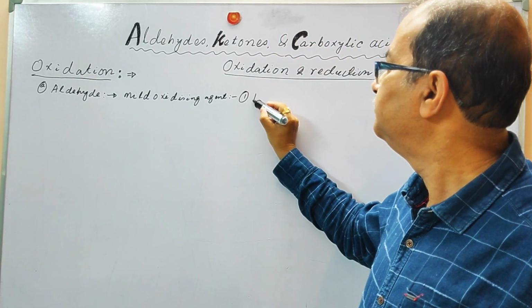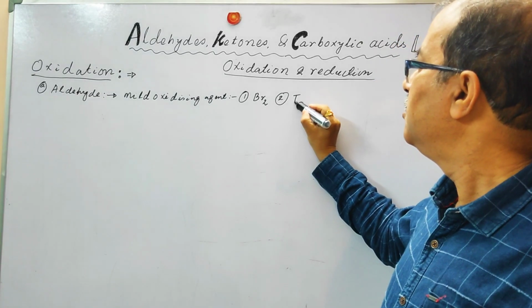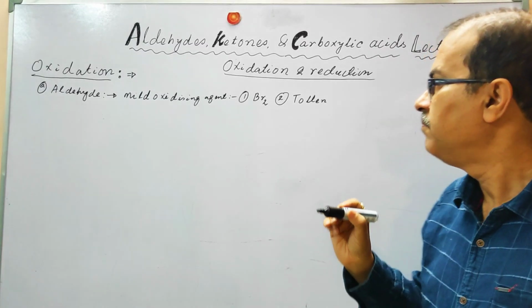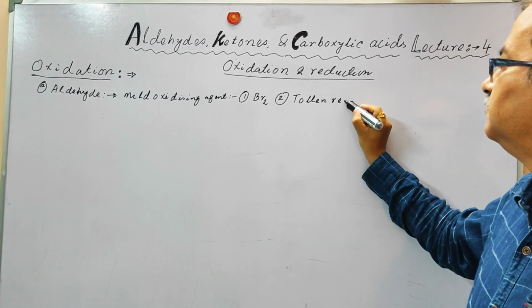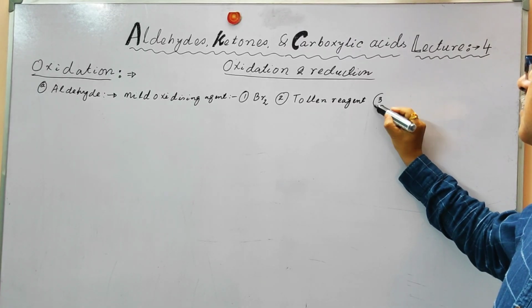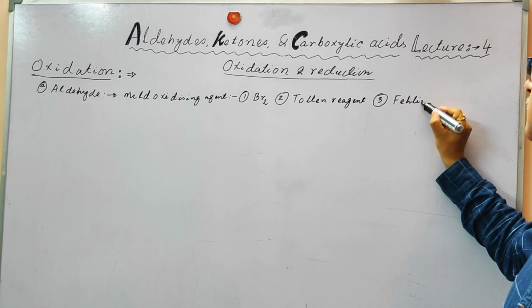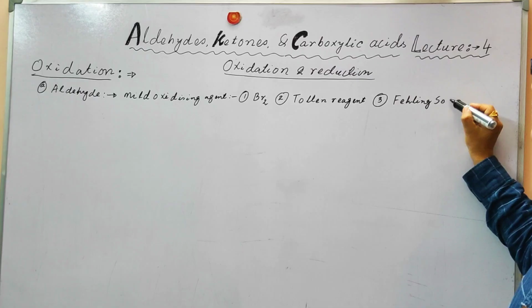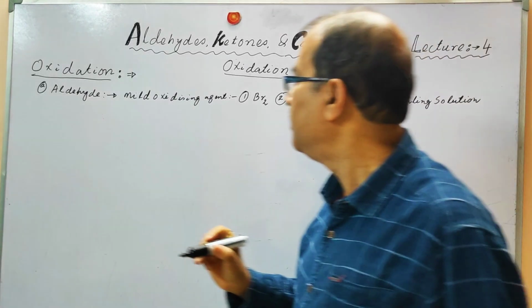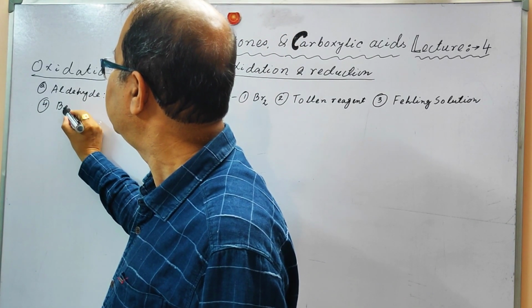bromine. Second, Tollens reagent. Third, Fehling solution. And fourth, Benedict solution.